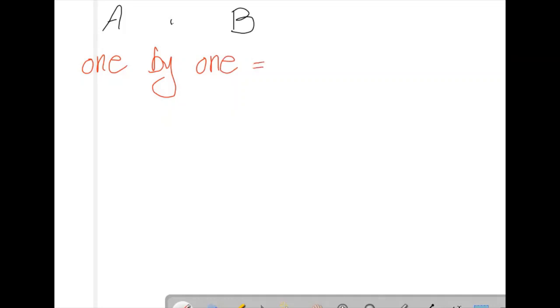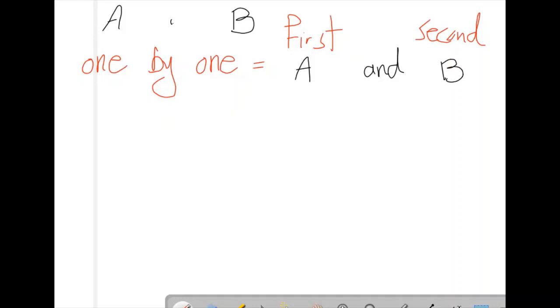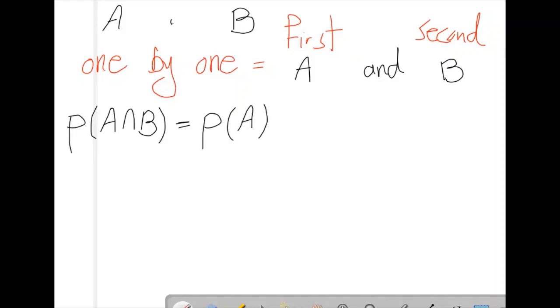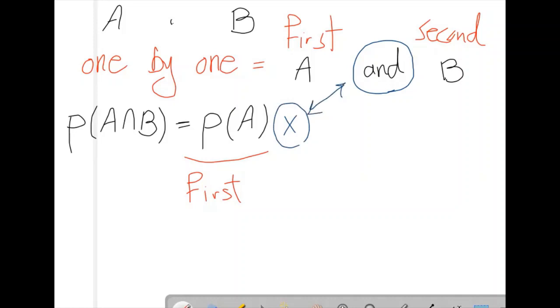It means first A and second B. So the probability of A and B both occurring is the probability of first A, A is the first one, and second B. So we have an information.